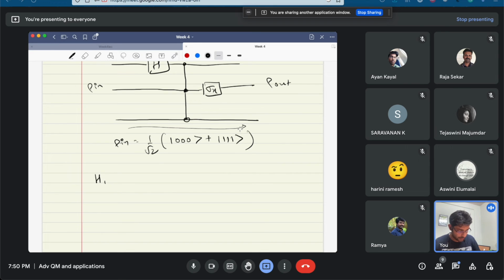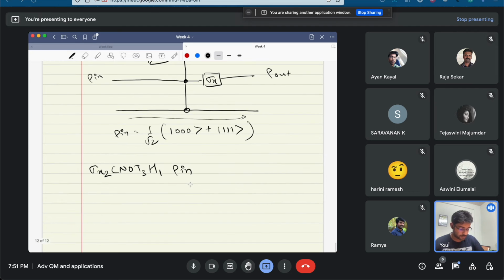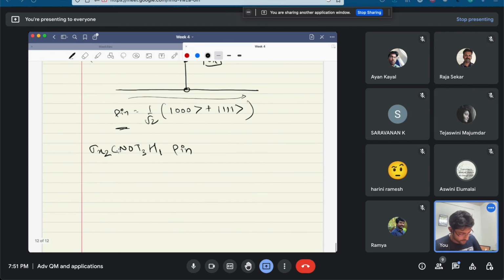Okay, so finally we have the total operation, something that looks like this: H1, C0 on 3, sigma x on 2, H1 on rho n. Okay, and this is the rho n that we are considering. So firstly, operating your H1 on rho n, let's see what that gives us.